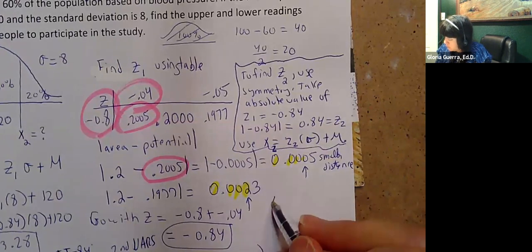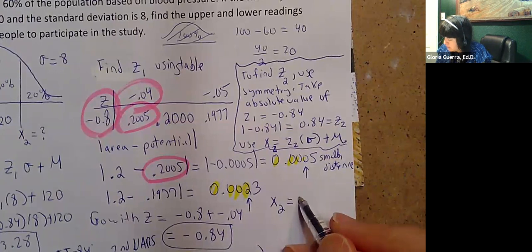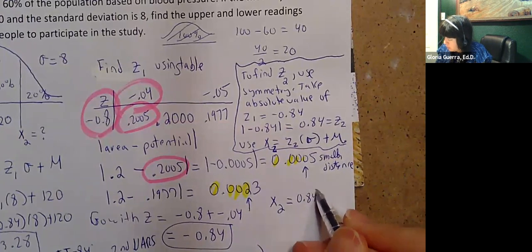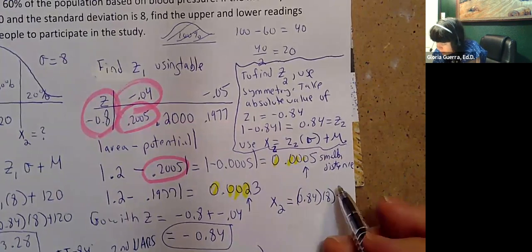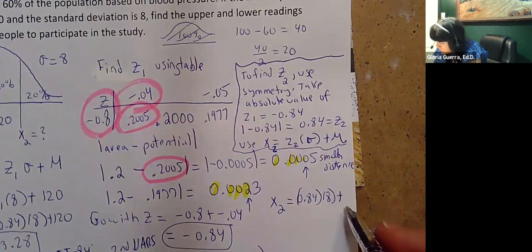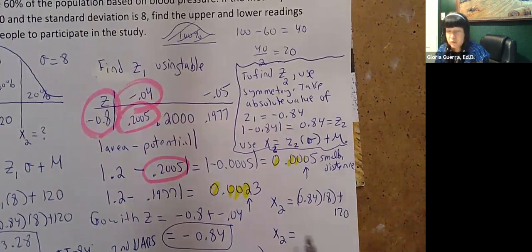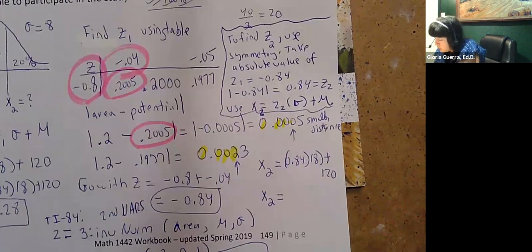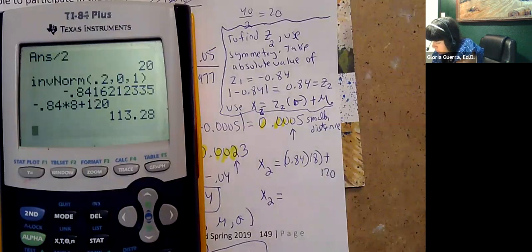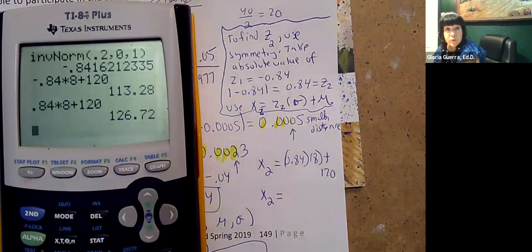So x sub 2 is equal, now you know z is just a positive 0.84, and you know sigma is 8, plus mu, and the mu is 120. So on the calculator, I'm going to do that. 0.84 times 8 plus 120 gives me 126.72.